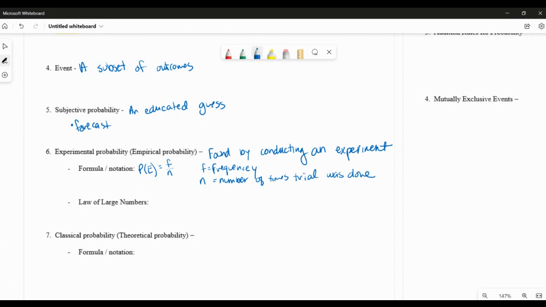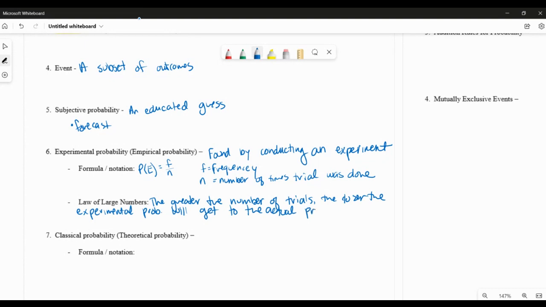Okay, now the law of large numbers basically says the greater the number of trials, the closer the experimental probability will get to the actual probability.